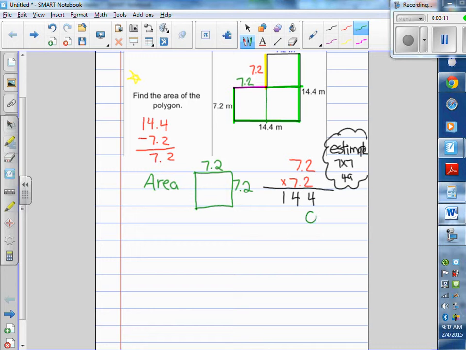Put your placeholder in. 7 times 2 is 14. Carry the 1. 7 times 7 is 49, plus 1 is 50. Add. And your estimate was 49, so your decimal must go there, 51.84. So the area of each square is 51.84.